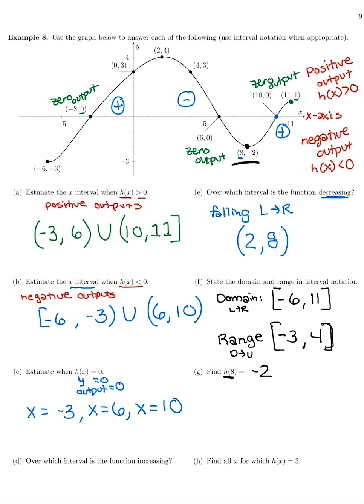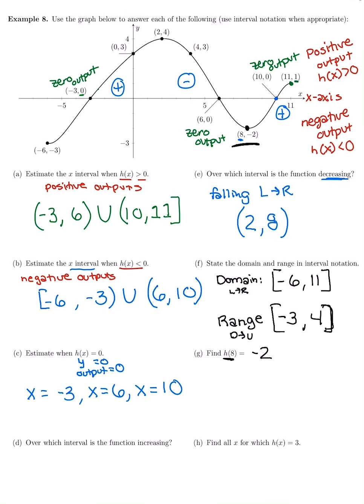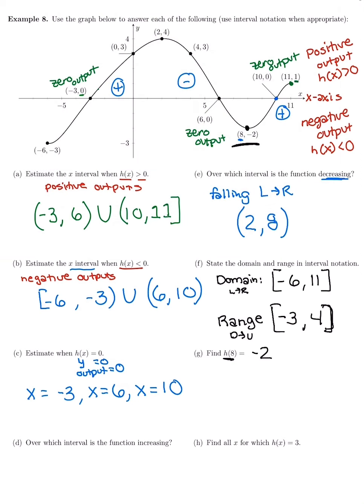All right, as I scroll down here more, there is more to find. And I kind of wanted to do it in a mixed order so we could review everything piece by piece. So we found increasing. Was increasing talking about the parts above or below? No. Increasing is saying where are you rising, where are you falling.